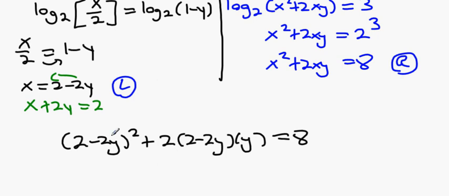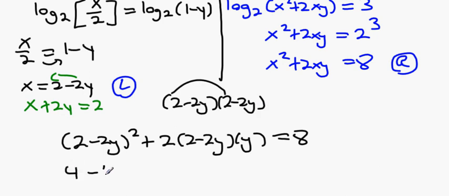Multiply it out. It's going to be 2 minus 2y by 2 minus 2y. When we multiply this out, we're going to get a 4 minus 4y minus another 4y plus 4y squared. I want to bring the y here because it's being multiplied. I'm going to bring the y here and slot it in here.